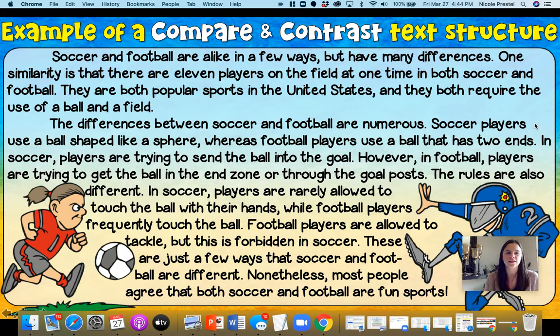One similarity is that there are 11 players on the field at one time in both soccer and football. They are both popular sports in the United States, and they both require the use of a ball and a field. All right, pause your video, finish reading, and find the other differences in whatever those two topics are or similarities. Go.